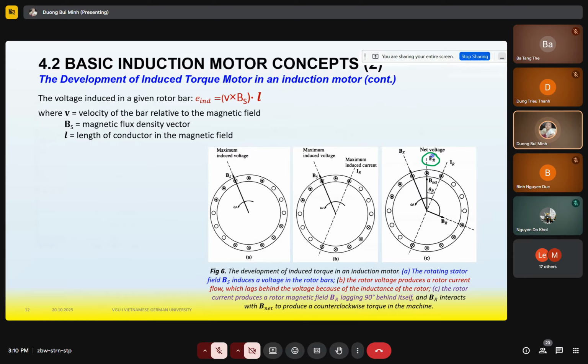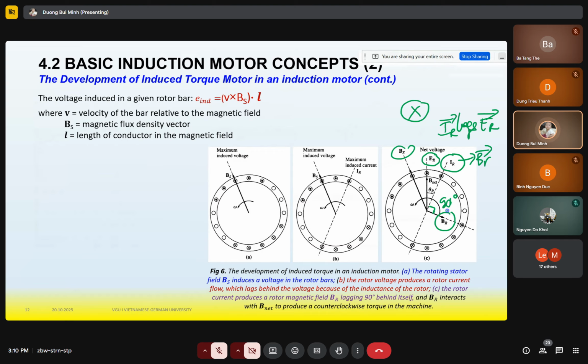For the rotor windings we have reactance, so I_R lags E_R. Now we have I_R, we can generate B_R, and B_R is always lagging I_R by 90 degrees.